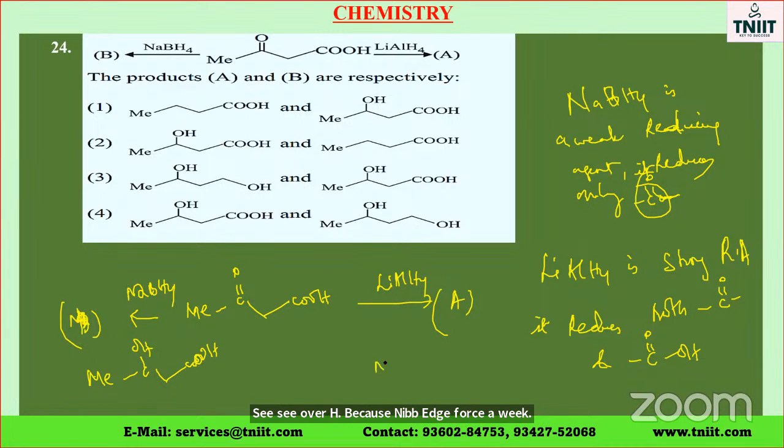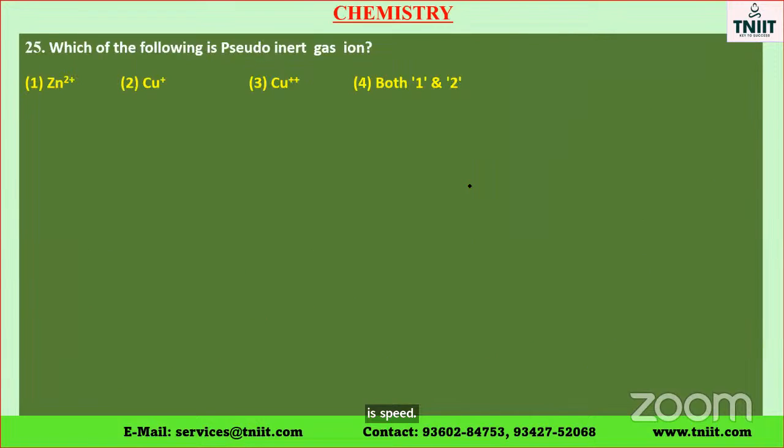But A will be the methyl group, CHOH, CH2, and you'll get one more OH group, a long chain OH group. So the answer for this question is this. This is A and this is B. The next question.